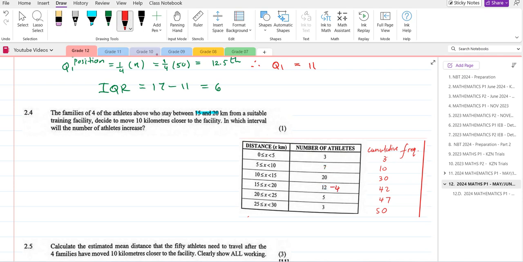So we minus 4 here to get 8, right? And we're going to add 4 here to get 11, right? So they moved here. In which intervals will the number of athletes increase? Between 5 and 10. That's the interval of increase. That's where it will increase, right? Pretty simple. Next one.